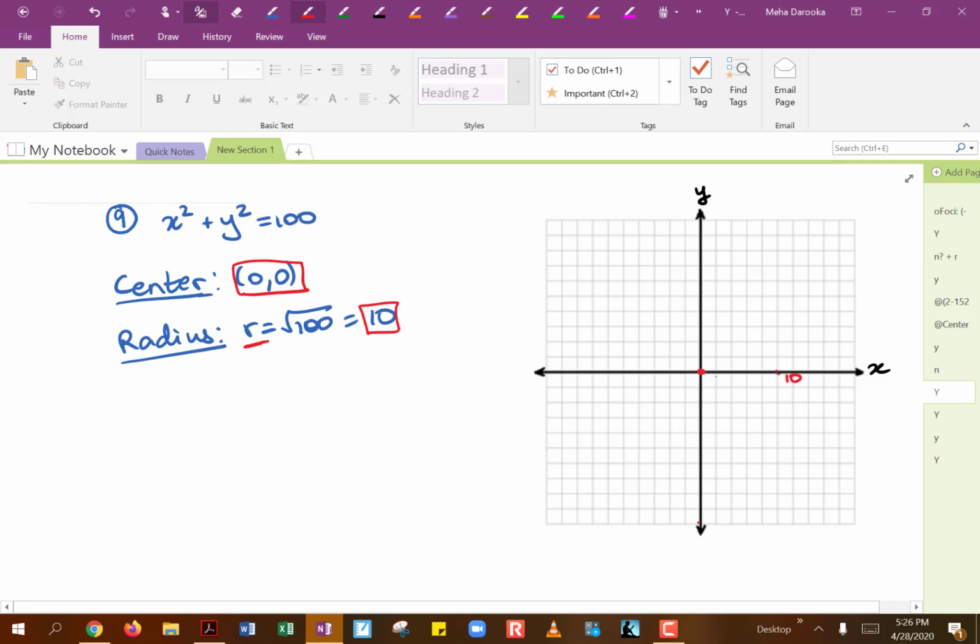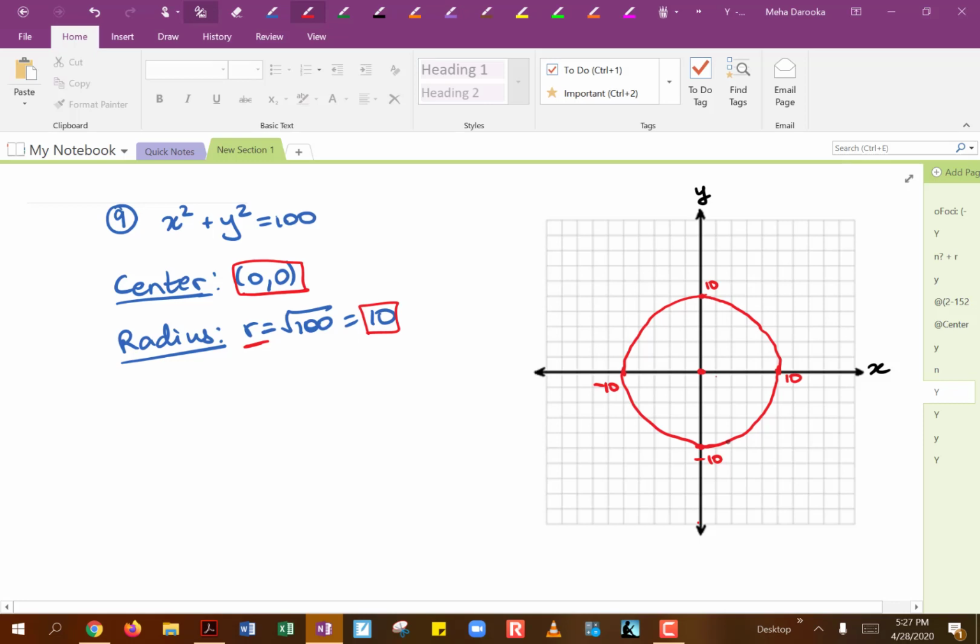This point is +10, and this would be -10, and again +10 here and -10. If you wanted to go all the way 10 by 10, you would be going on the edge. But just to make it easier to draw, I'm going to change that scale, and this is what our circle would end up looking like.